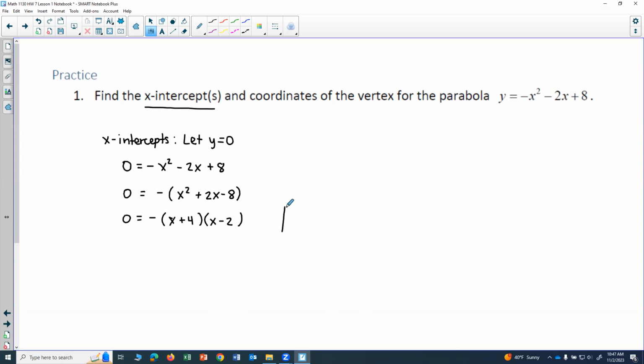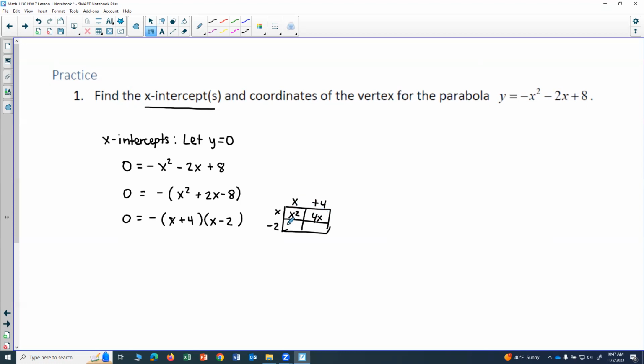Let's double check using a box to multiply. Okay, so here's my box. I have x plus 4, and then on the other side, I have x minus 2. In this first box, x times x gives me x squared. Second box, I have 4 times x, which gives me 4x.